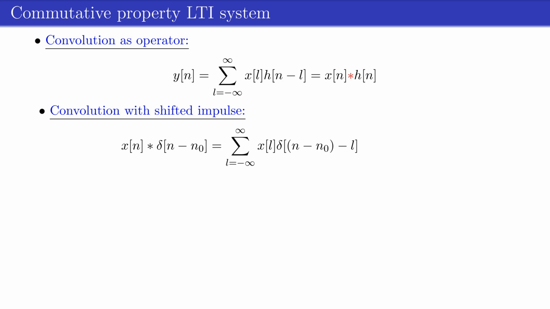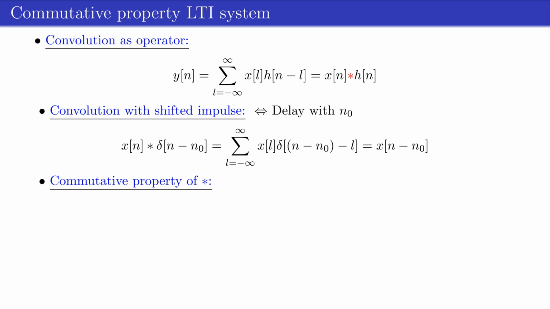Writing out this expression in a mathematical way results into the given infinite summation. However, because of the delta pulse in this summation, all indices l result into 0, except for the index l is n minus n0, which leads to the result x[n minus n0], which is the input signal x[n] delayed over n0 samples.